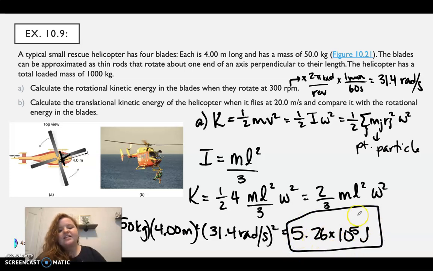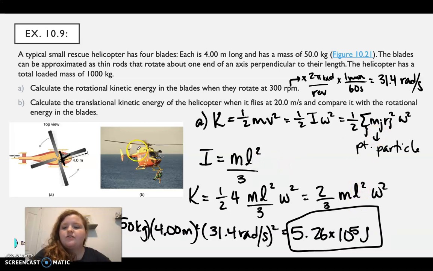Whoa. So even though it's rotational motion, it'll still have units of joules. Units of energy. All right.